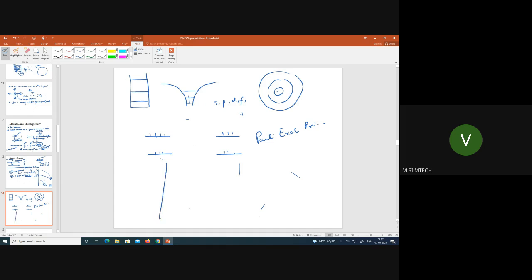So say I start bringing individual silicon atoms close together so that now they start bonding, okay? So this is the distance between the atoms. I am reducing the distance in this direction, okay?